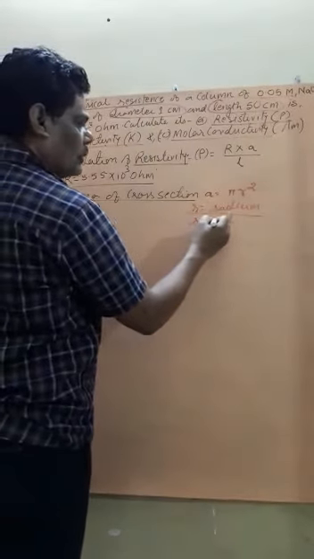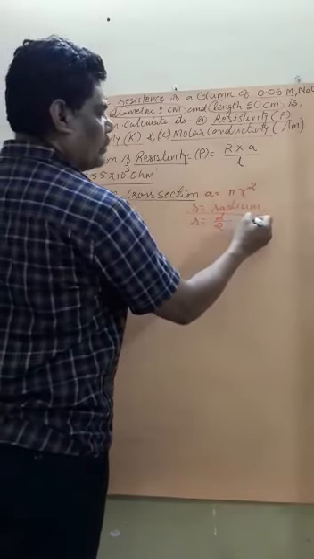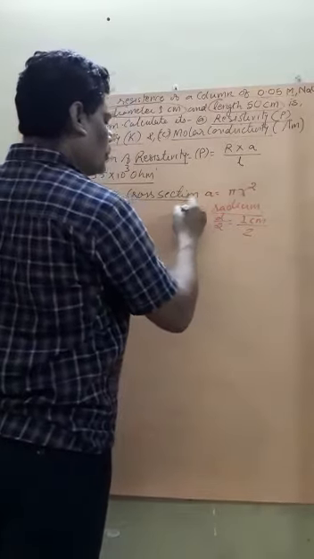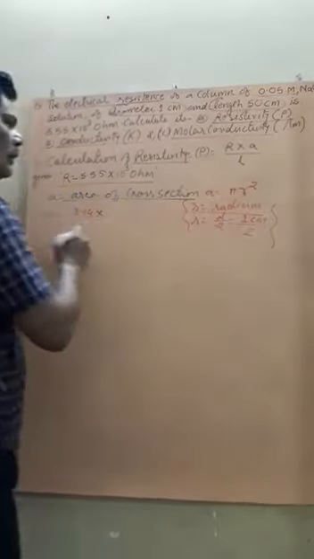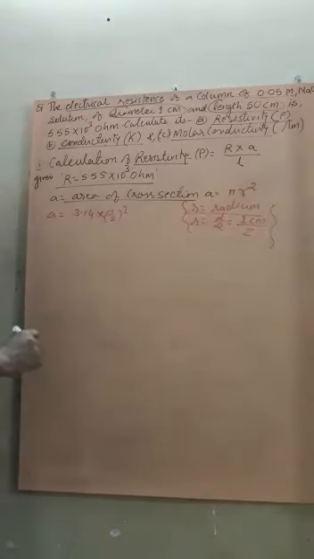A is equal to 3.14 in place of pi, into r square. r is equal to d by 2, and d is 1 centimeter given in the question, divided by 2. So we place 1 by 2 whole square.